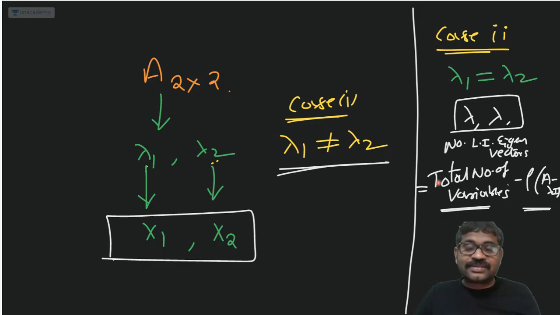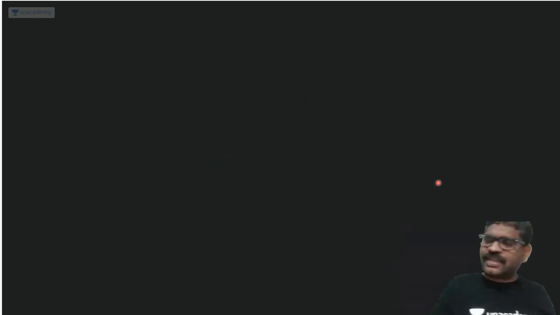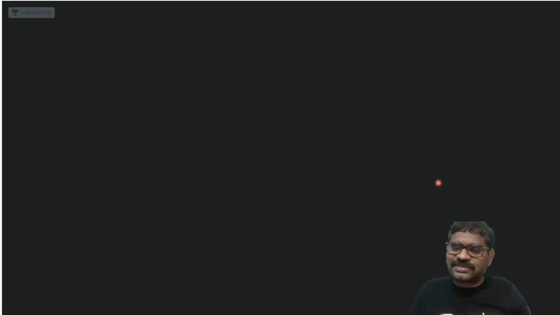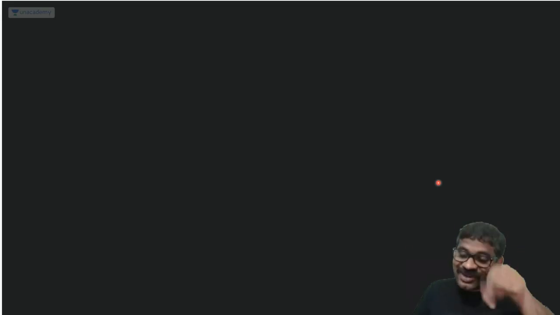Now, suppose the matrix is 3 cross 3. In 2 cross 2 you have only 2 cases, but in 3 cross 3 you have 3 cases. All 3 eigenvalues are different, that is one case. All 3 eigenvalues are repeated, meaning the same, that is another case. 2 eigenvalues are the same and 1 eigenvalue is different, that is the third case.